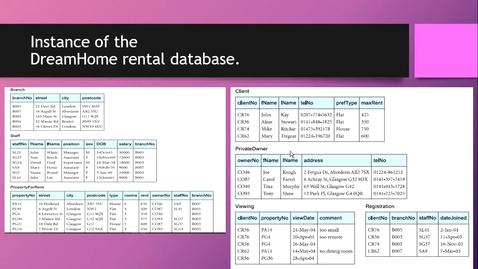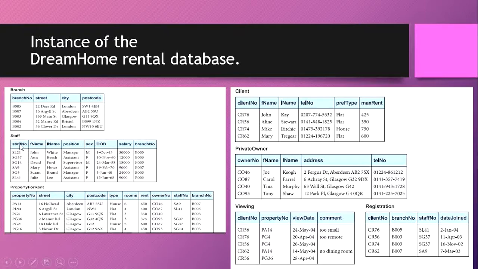For example, here you can see that for this branch number, we have the same values that are present in this branch number. All these values are taken from these available values, because your staff member cannot belong to a branch number that doesn't exist in your main branch table.